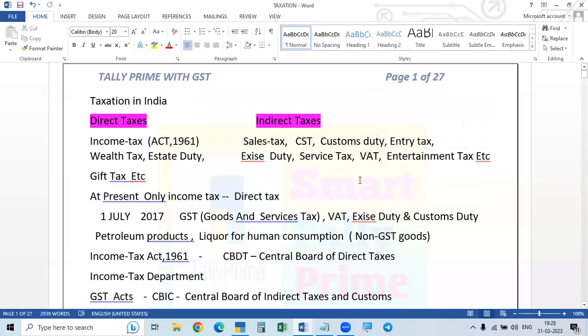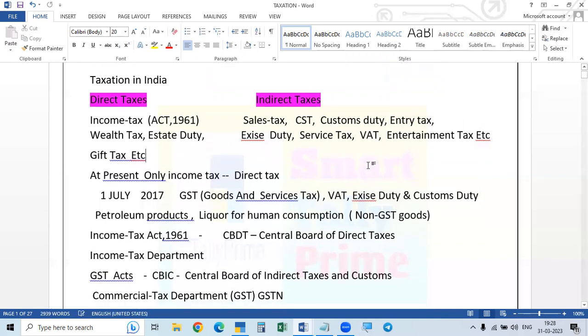VAT is the subject of the state government. All the state governments have their own Value Added Tax Act, and the rate of VAT will be different in different states. If the VAT is more, the goods rate will be more, and if the VAT is less, the goods rate will be less. So in some states it is 15%, in some states it is 25%.